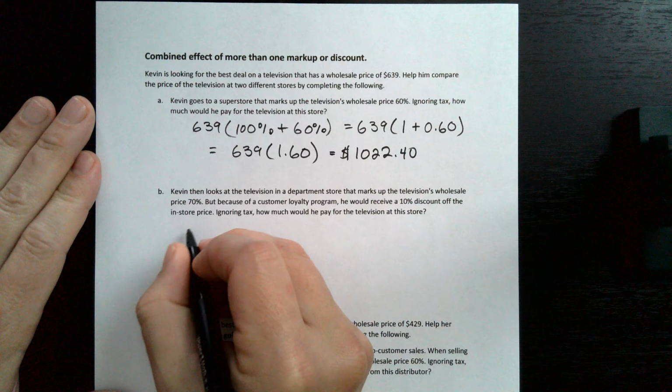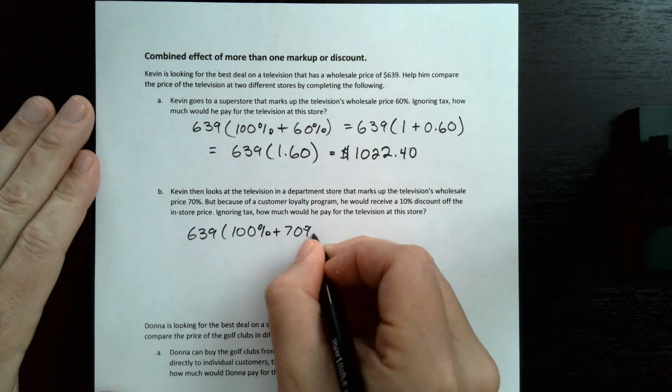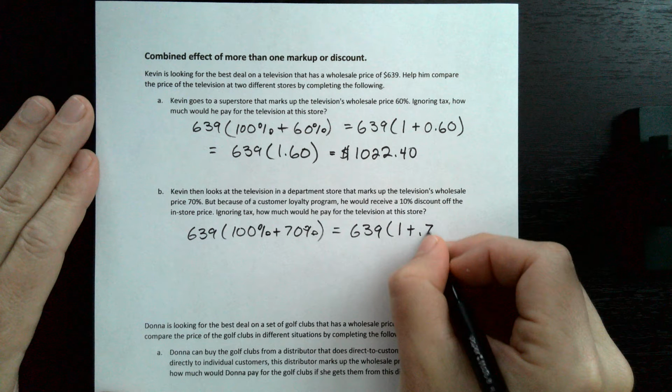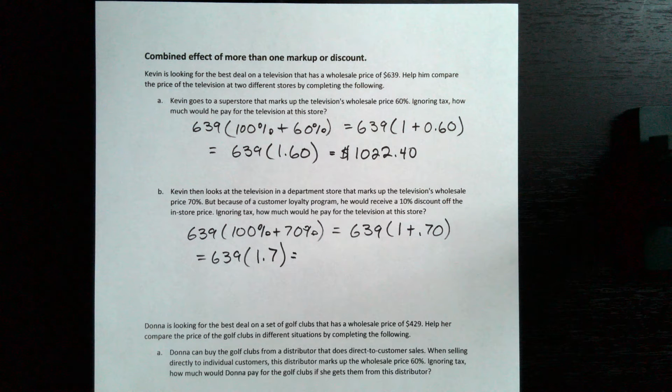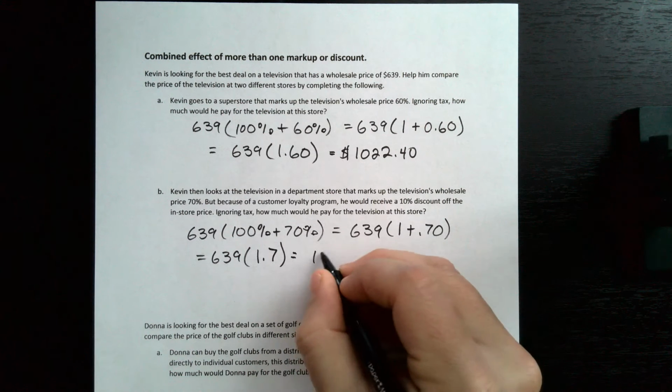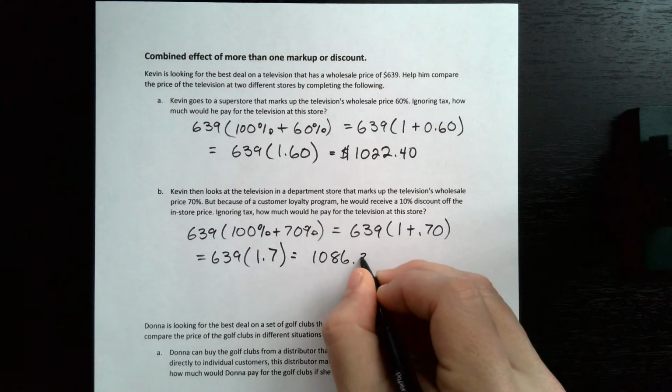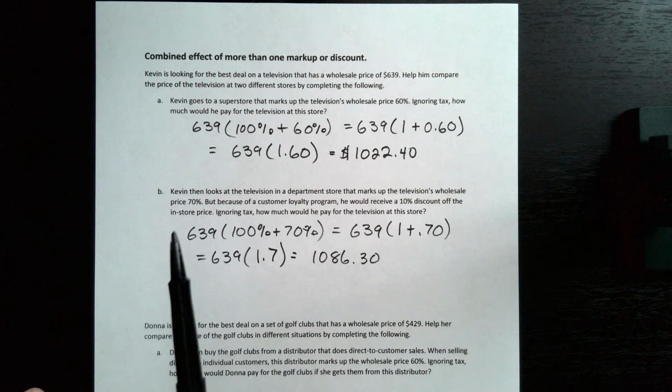The 70% markup is going to be done exactly the same way: $639 times 100% plus 70%, which is $639 times 1.7, or 1.70 if you want to write it. Put that number in your calculator, and you get $1,086.30. Okay, so that's after the 70% markup.